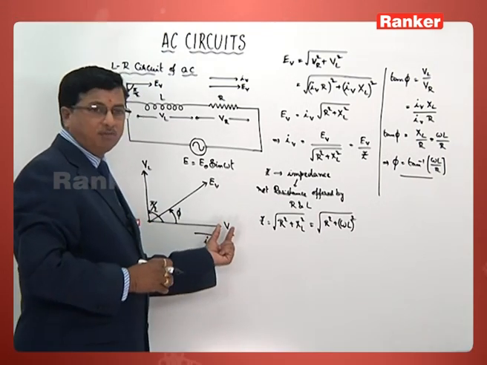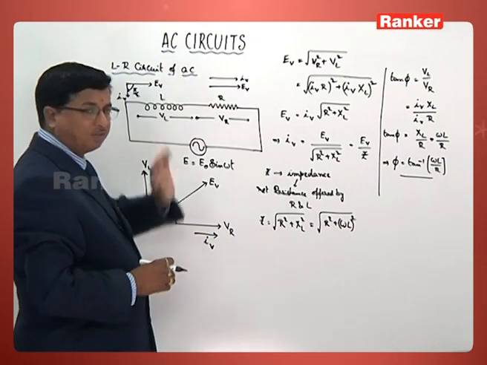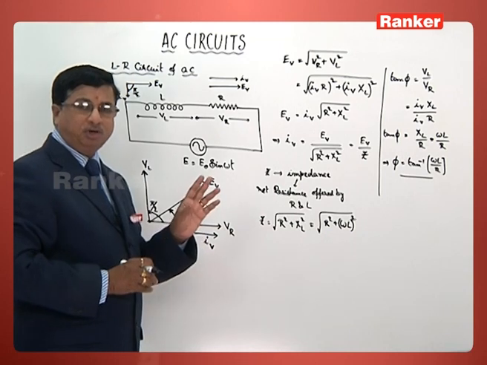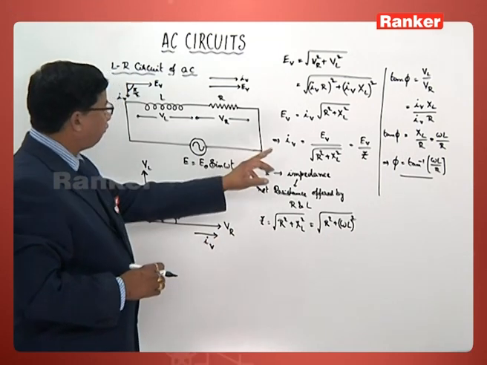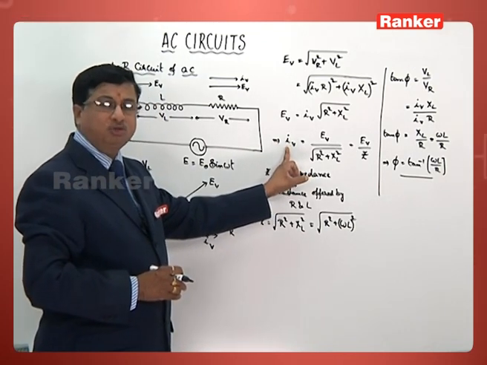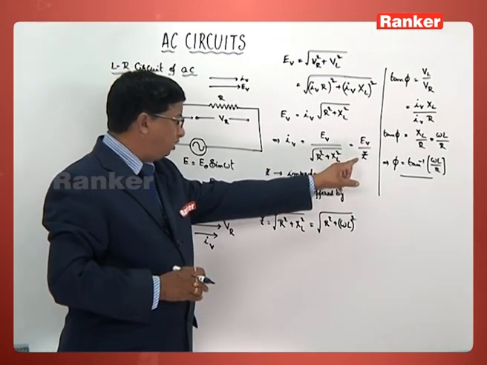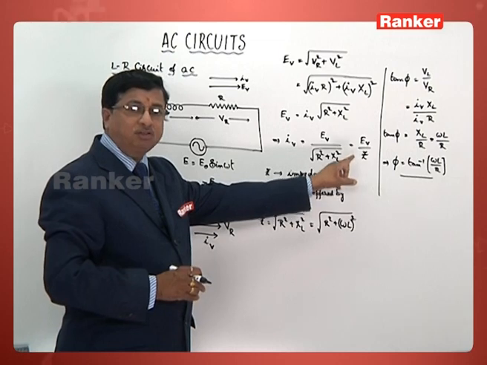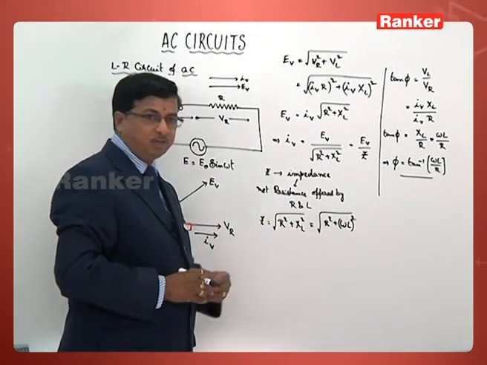So as far as the LR circuit is concerned, what are the important features we have to remember? First, what is going to be the virtual value of current in the circuit. Then we need to know what is the impedance of the circuit, and the different formulae for that.